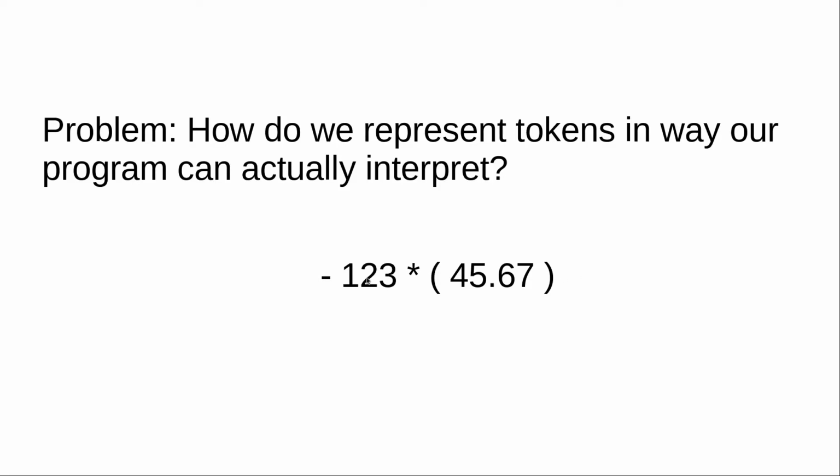Do we do 123 times 45.67 and then +123? No. We know that that's not the case, but our program right now doesn't know that. It only turns each of these things into a token linearly. So it's a bit ambiguous. How do we actually run this expression in a way that makes sense according to the laws of computation and math?